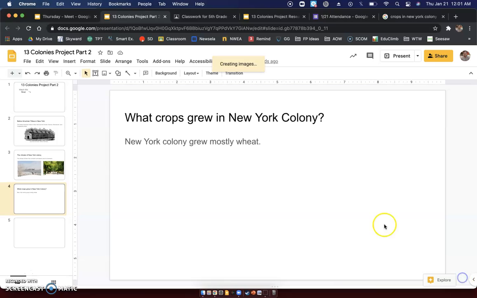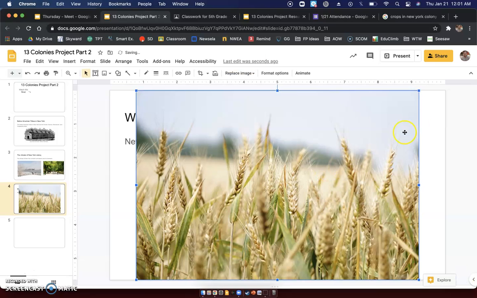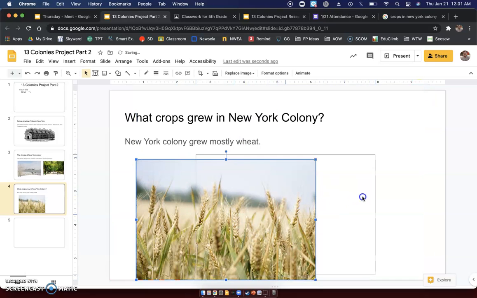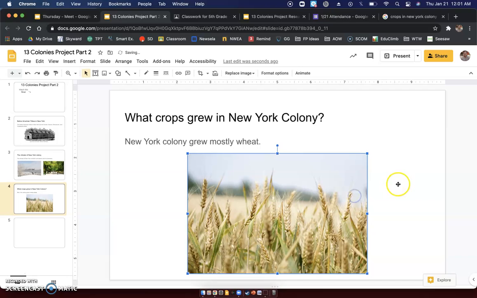It's a nice one. Growing up in South Dakota, this reminds me of where I grew up. A lot of wheat going on. All right, so New York colony grew mostly wheat. And wheat is something that you can use to make bread, to make flour, a lot of things.